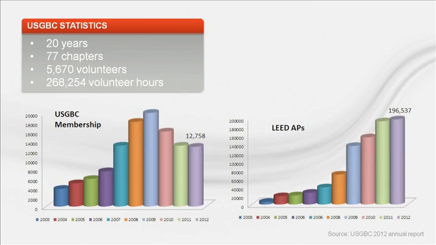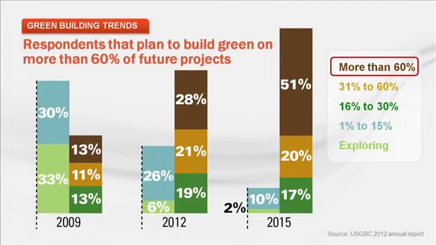If we take a look at some green building trends, studies such as McGraw-Hill's 2013 World Green Building Trends suggests that green building growth around the world is not isolated to one particular region. This chart indicates that companies are shifting their business toward green building, with 51% of respondents planning more than 60% of their work to be green by 2015.